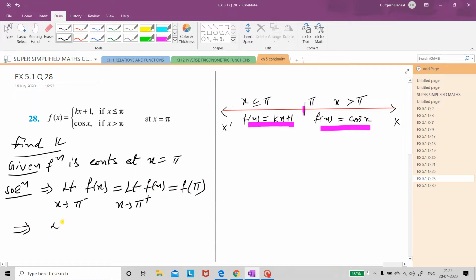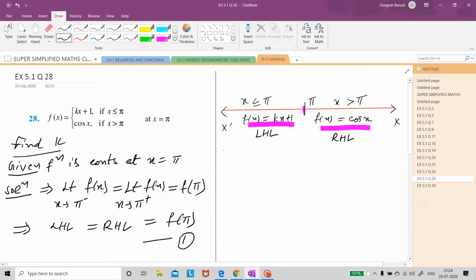That means left hand limit should be equal to right hand limit should be equal to f(pi), and this is equation number 1. Now it should be clear to us that for the left hand limit the function should be kx plus 1, and for the right hand limit the function should be cos x.